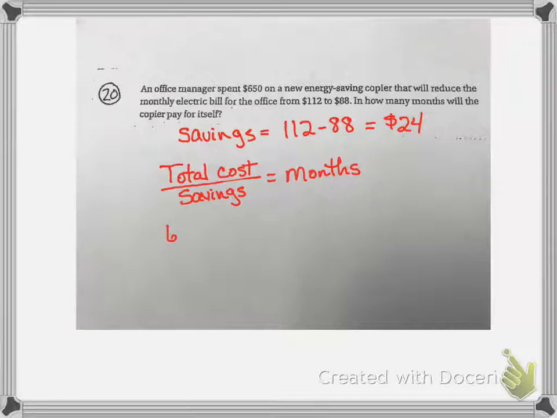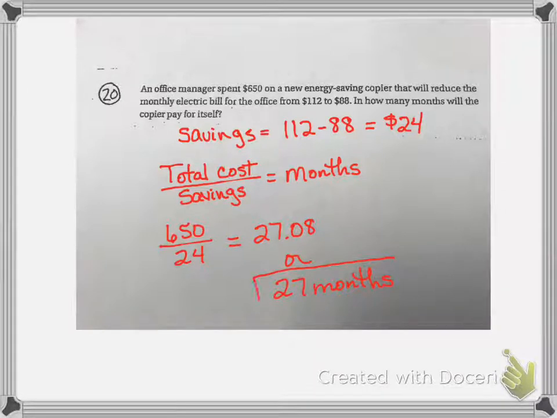Okay, so we're going to take 650, divide it by 24. That gives us 27.08 months. So we'll round it to whole months because a 0.08 month isn't even a full day. So in 27 months we will have our copier paid off.